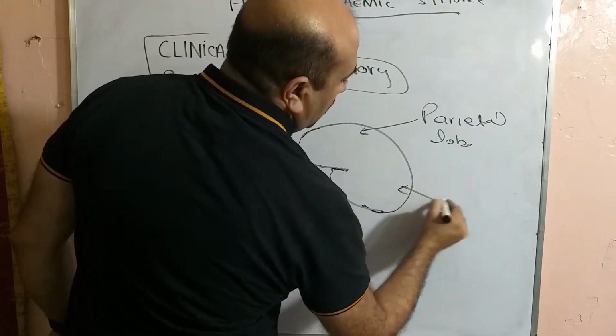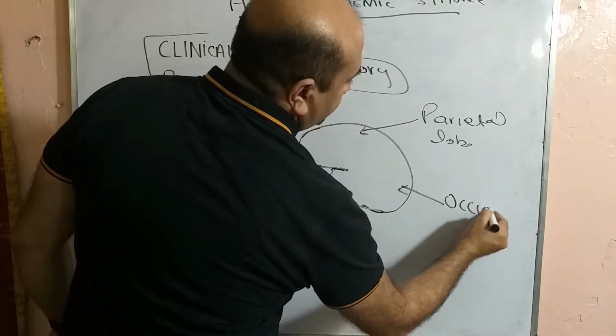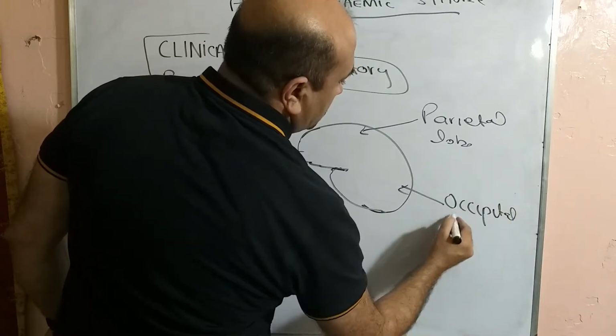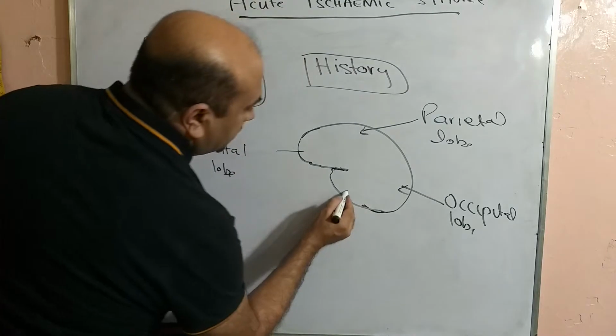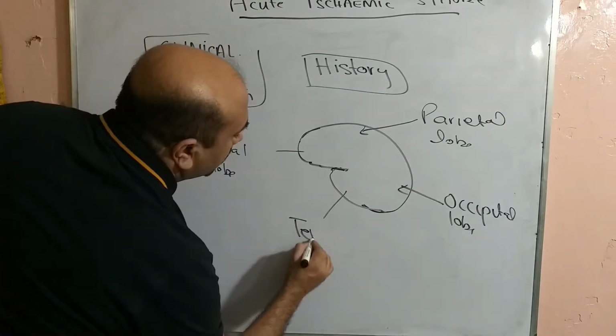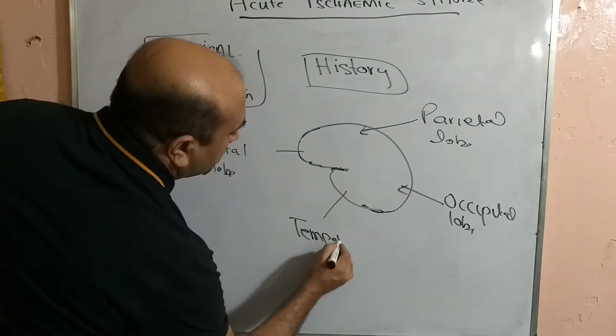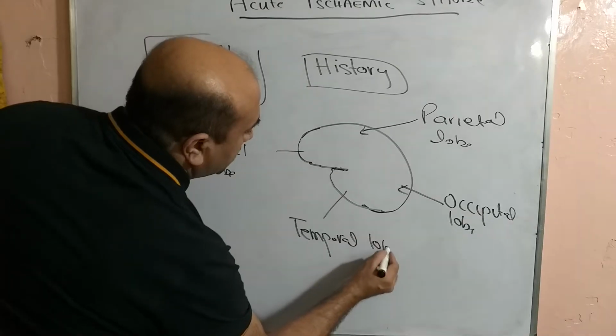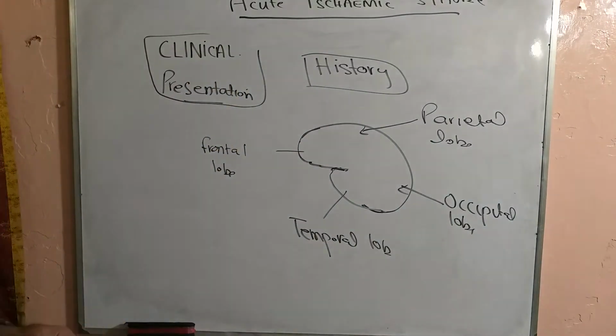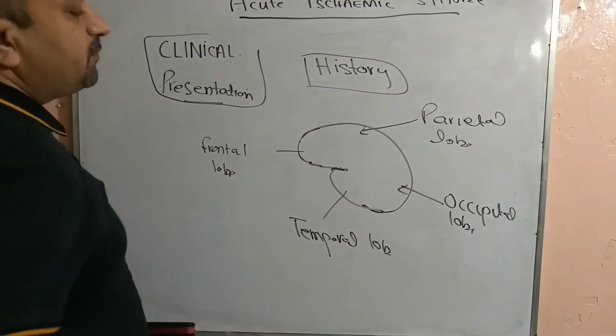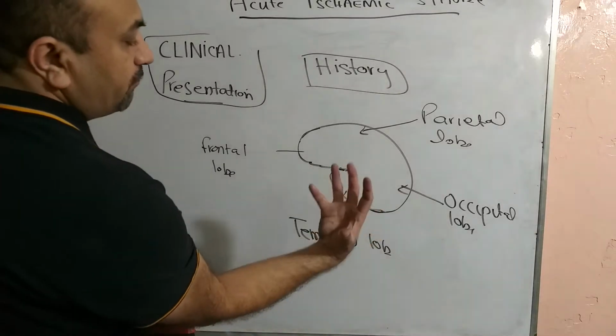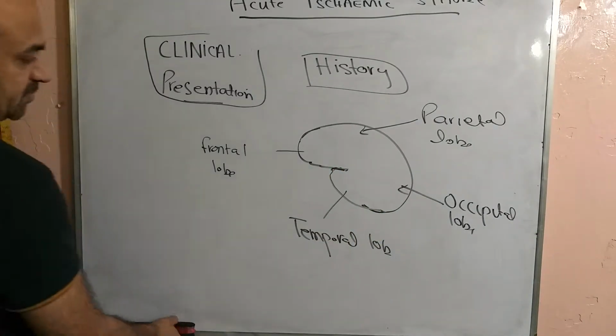And this one is the occipital lobe. And this one is the temporal lobe. Now, underneath this cerebral hemisphere lies the hindbrain of the patient.